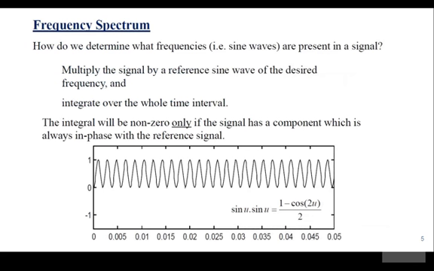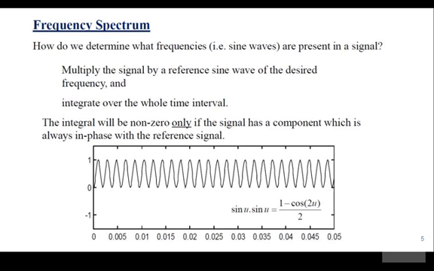The question is, how do we work out what the frequencies are that are present in a signal? Well, the way Fourier analysis works is that if we have a repetitive signal, we multiply the signal by a reference sine wave of a particular frequency, and then we integrate that product.